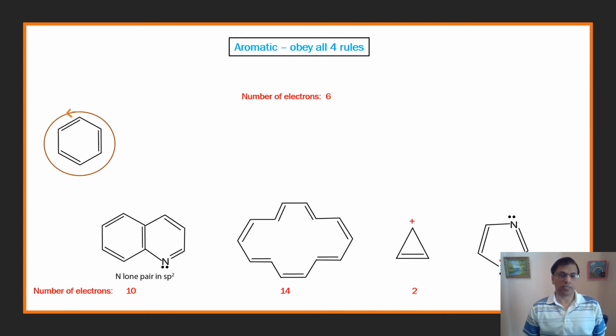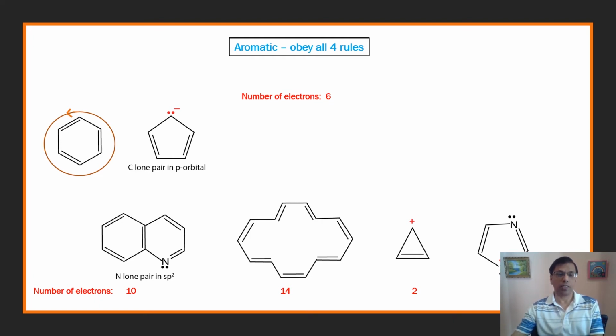Benzene is a famous example. It is planar in structure. It is cyclic. The double bonds are in conjugation. There are 6 electrons available for delocalization, and hence it obeys all the 4 rules, and hence it is aromatic. Next example is an anion. This is a cyclopentadiene anion.